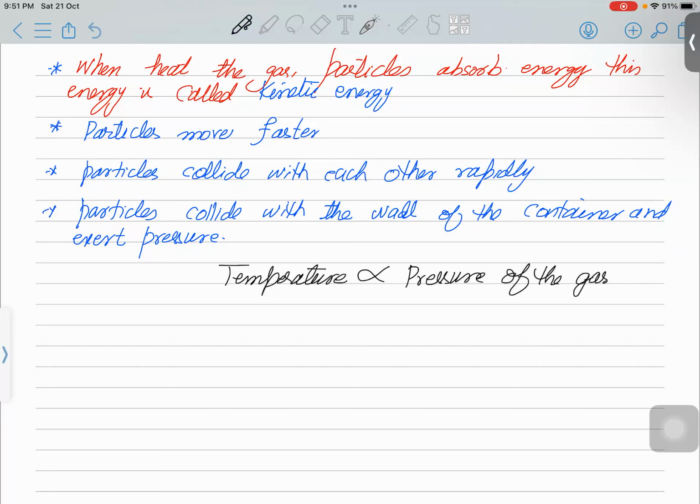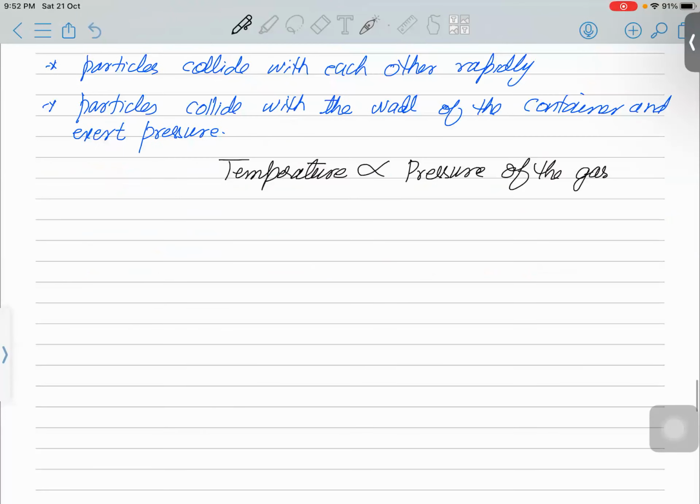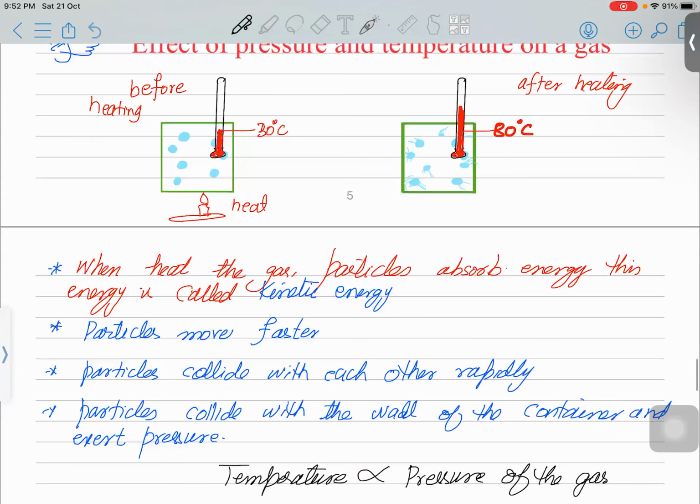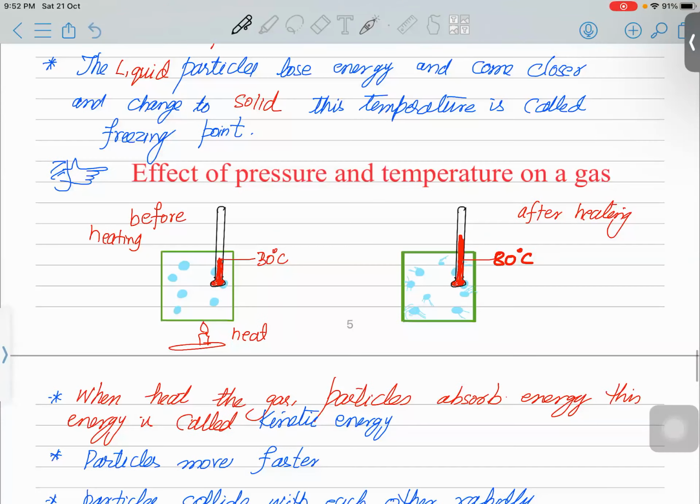So both are directly proportional. Whenever you increase the temperature, pressure of the gas increases. Are you getting my point or not? Yes, sir. Now next is effect of pressure. This is effect of temperature.